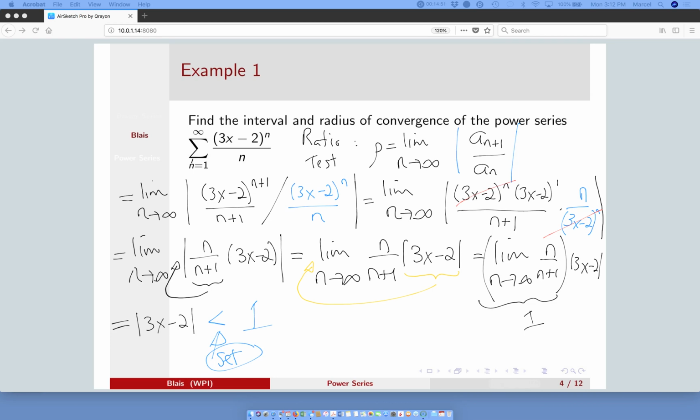We know by the ratio test that if rho is strictly less than 1, then the series is convergent. So this now gives us the inequality, absolute value of 3x minus 2 strictly less than 1. And that's what we'll now focus on. The ratio test gave us that. So let's flesh that out.